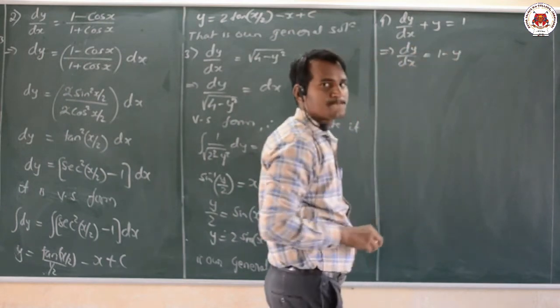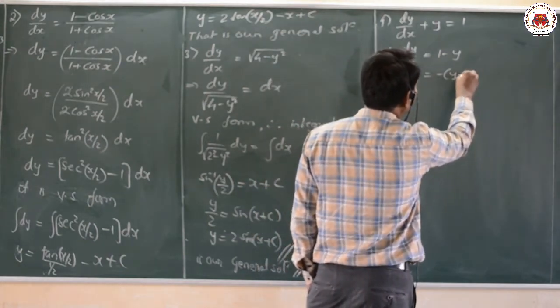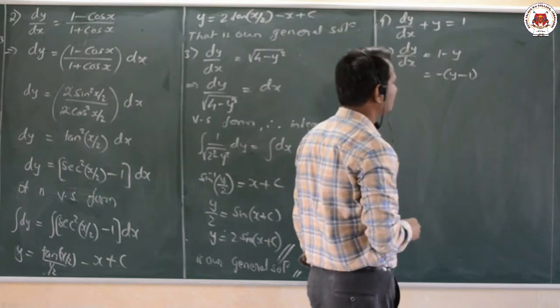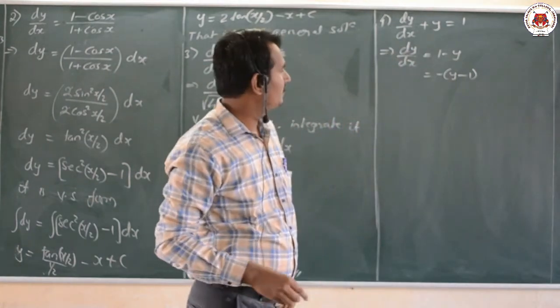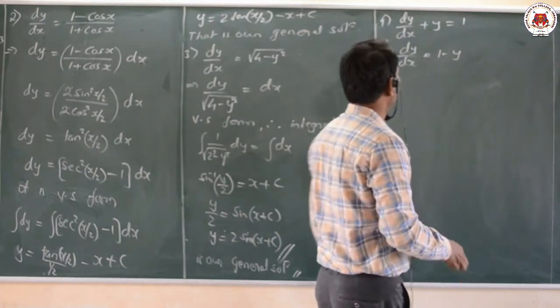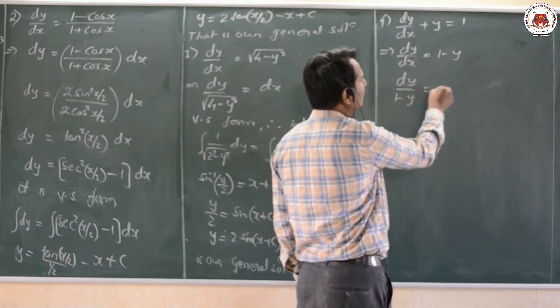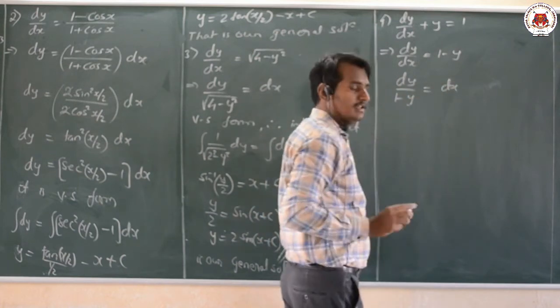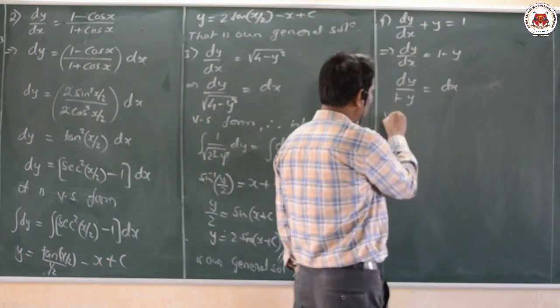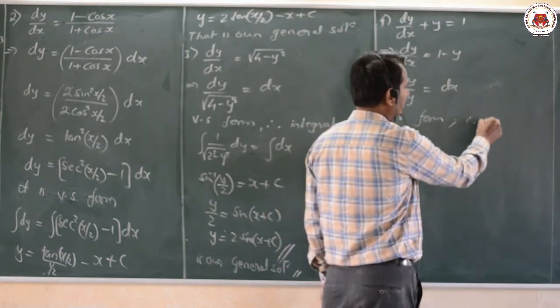I will write it directly: dy divided by 1 minus y equal to dx. It is variable separable form, therefore integrate it.